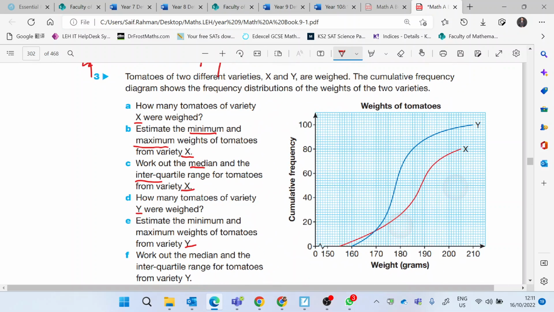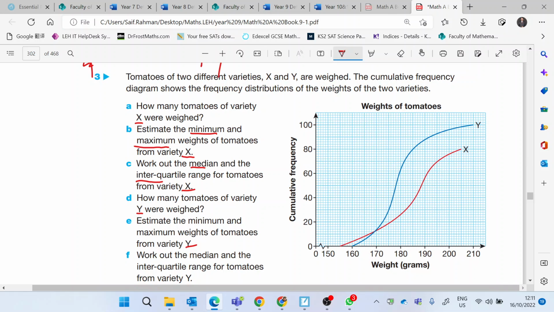So the first, we can look at this data. The weight in grams is given from 0, 150, 160 like this, and 210. And here the cumulative frequency is here. First is how many tomatoes of variety X were weighed. So variety X, how many tomatoes?